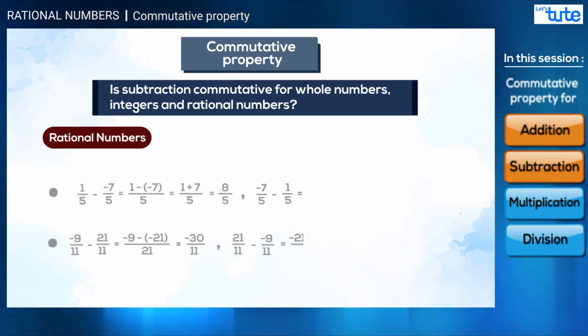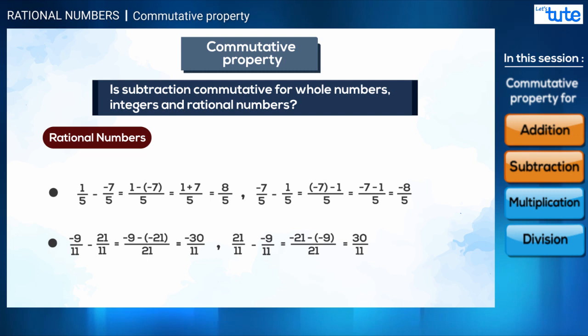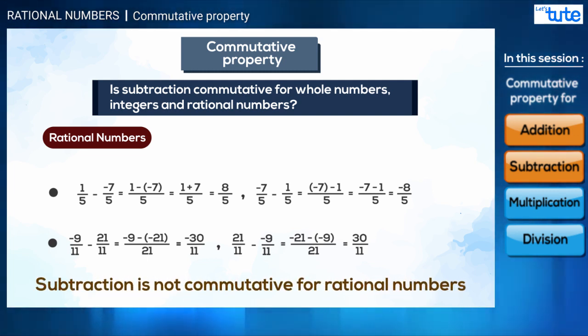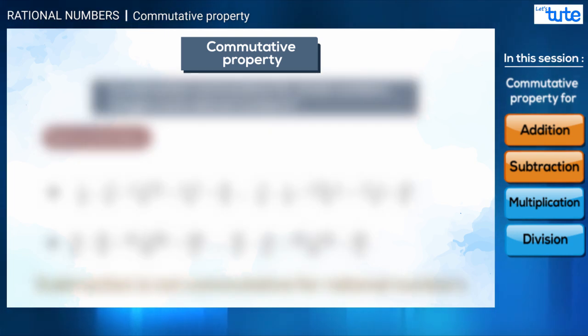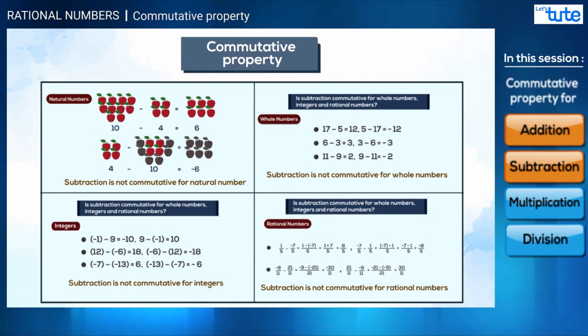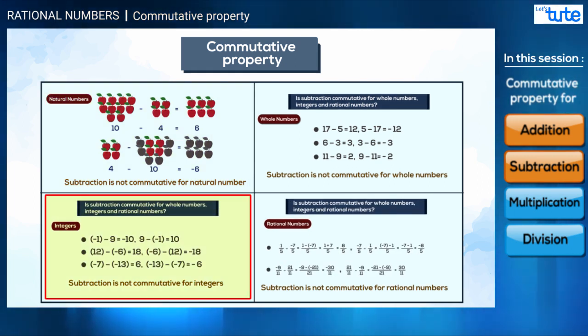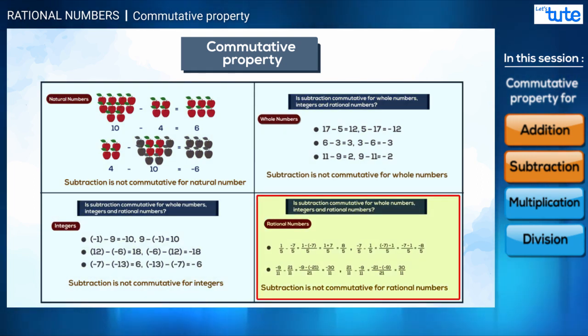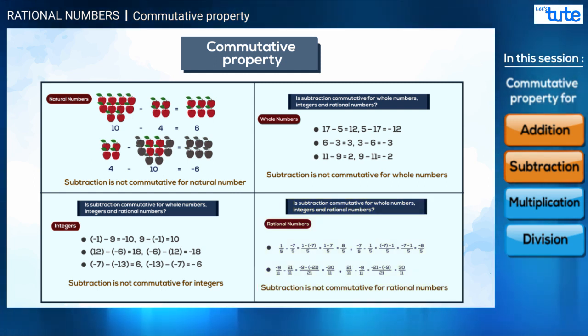Look at these examples now. Hence, we conclude that subtraction is not commutative for rational numbers. So here we have understood that subtraction is not commutative for natural numbers, whole numbers, integers and rational numbers. Hence, subtraction does not have a commutative property.